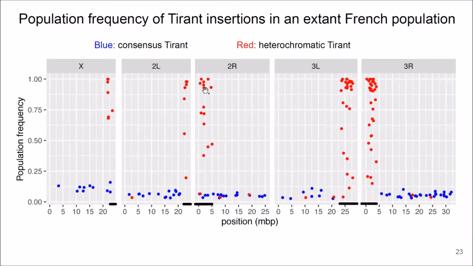What we can see is that most of the elements located in heterochromatin are in high population frequency, which we have seen are the ones that generally show high divergence values, while all the elements found in euchromatin have very low population frequencies. So those are likely the canonical elements with the low divergence values.